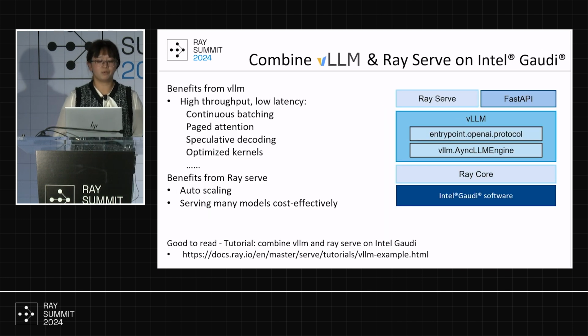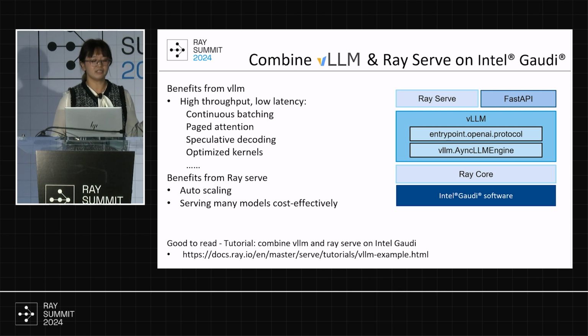Okay, so what's more? Except for just running VLM or running Ray Serve, there is a possibility that we can combine these two projects together. The light blue part underneath is VLM, and currently it's using FastAPI. But Ray Serve actually provides a whole different set of features compared to FastAPI, right?